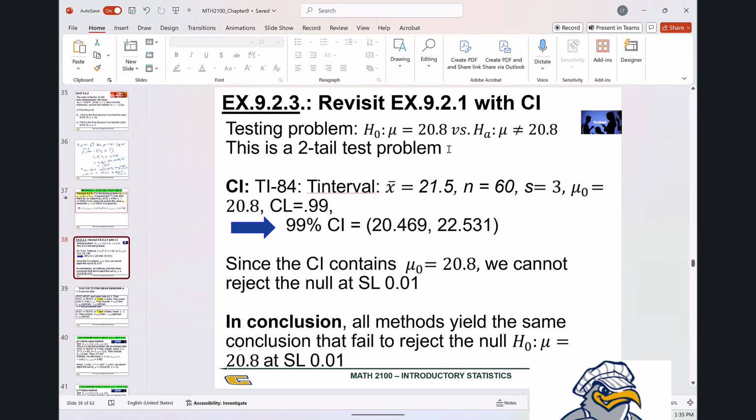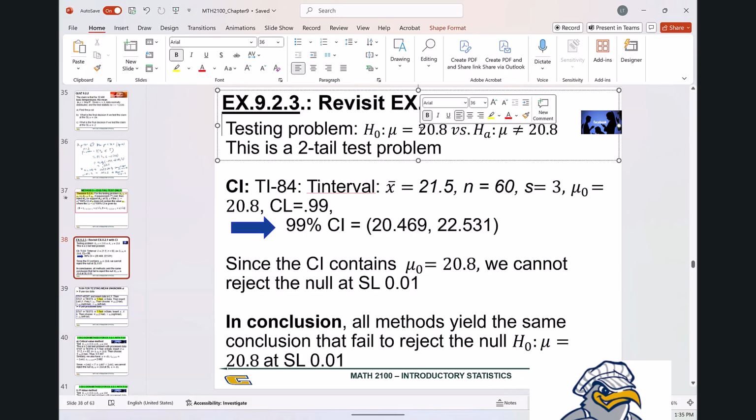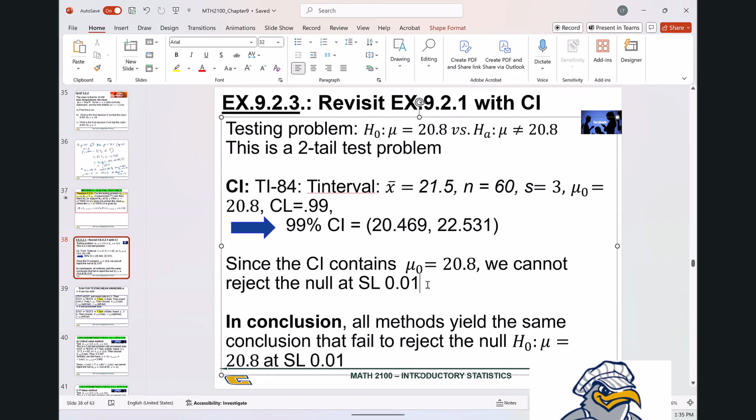For the Facebook example, you can use the TI calculator with the TInterval function to get this interval. You see that the interval includes the value under the null hypothesis, which is 20.8, which means you cannot reject the null at the significance level 0.01.